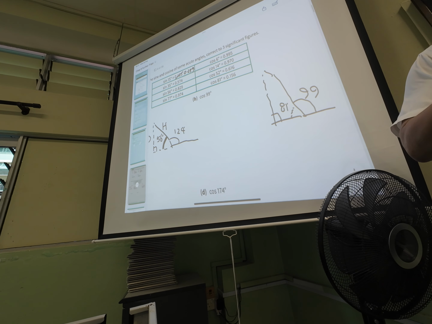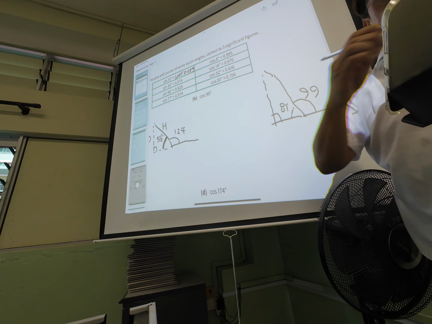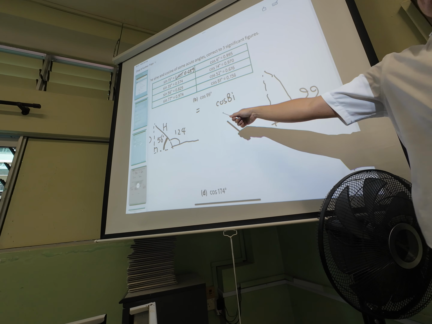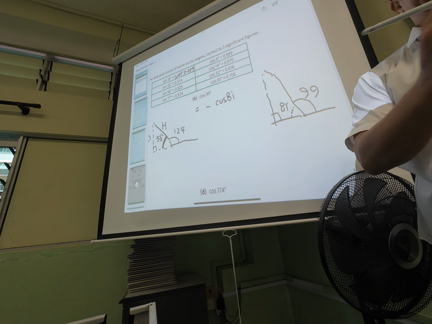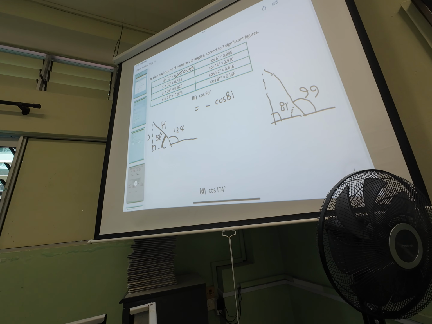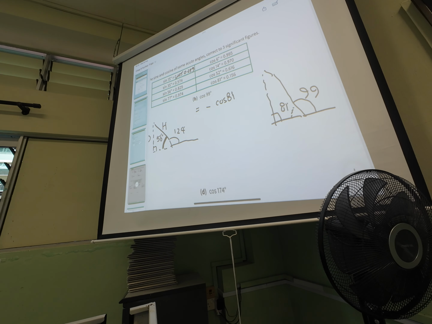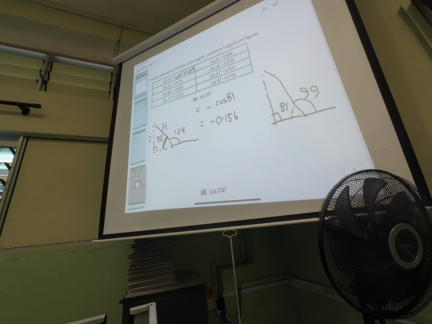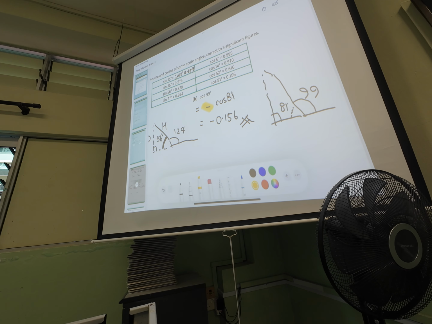So cosine 99 is not the same as cosine 81, but it is the same as the negative of cosine 81. So it is negative 0.156. Okay? I highlight this negative.